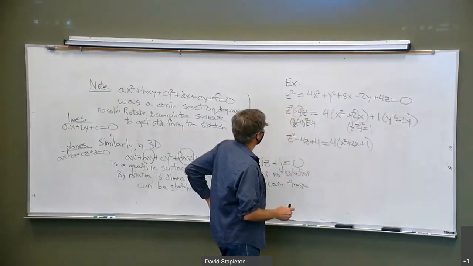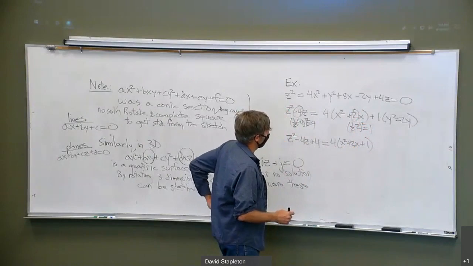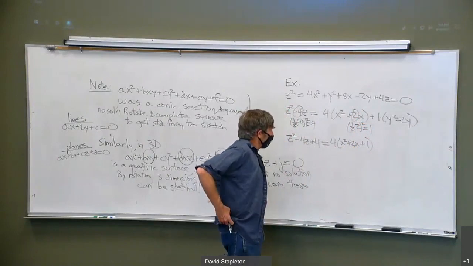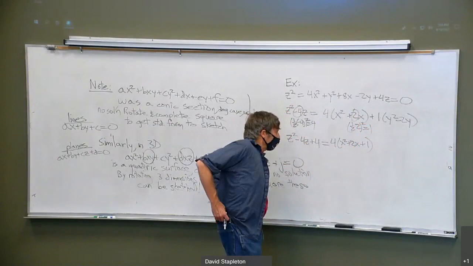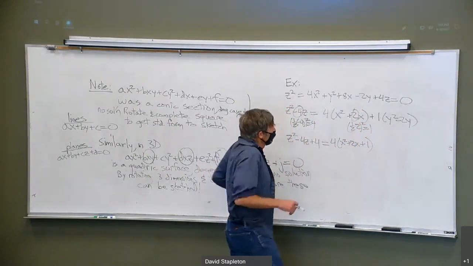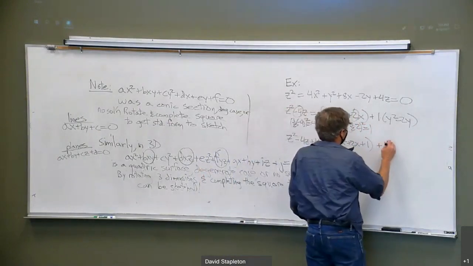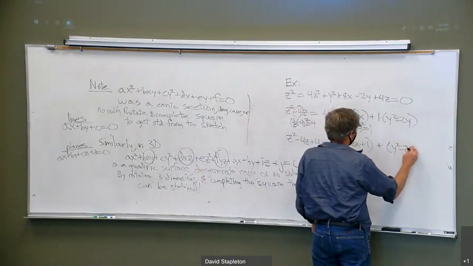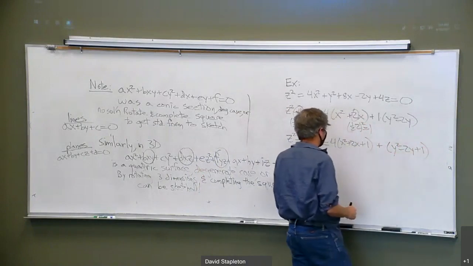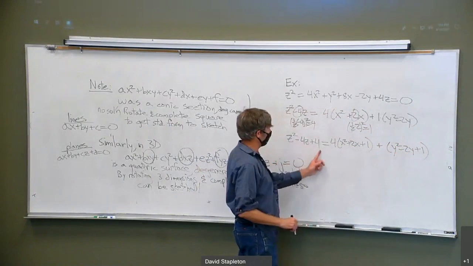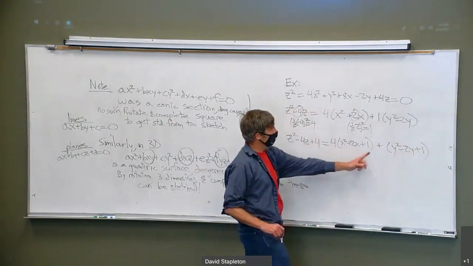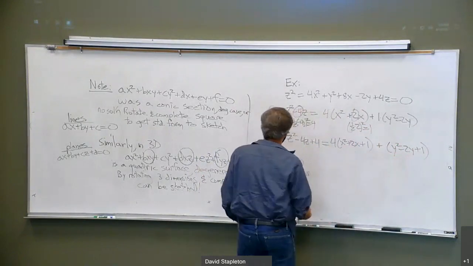And to make a perfect square here, I have y squared minus 2y plus 1. And let's see, I added 4 to the left, and I added 4 and 1, so 5, to the right, so I need one more here.